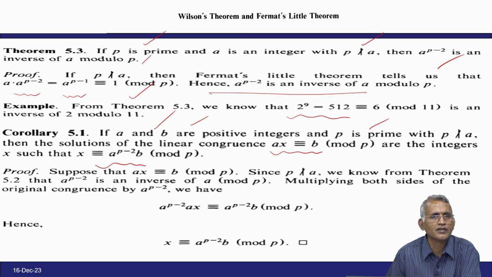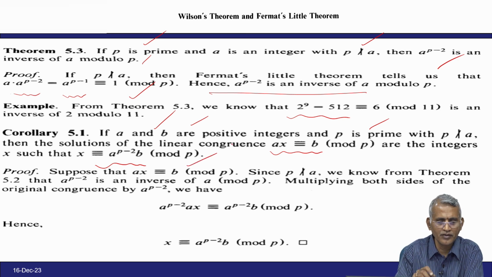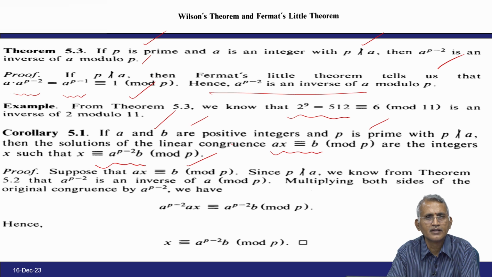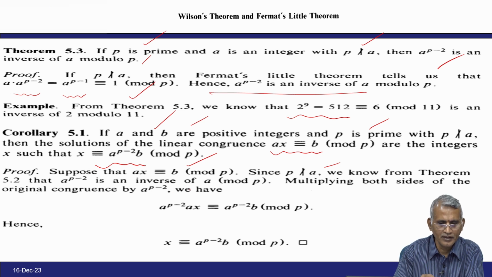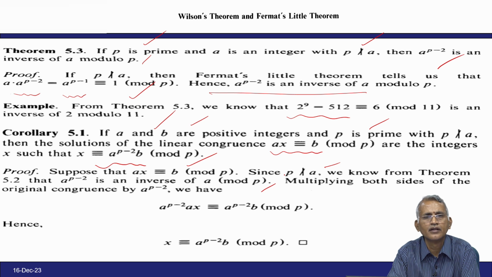The proof is: assume ax is identically equal to b under modulo p. Since p does not divide a, we know from Fermat's Little theorem that a power p minus 2 is an inverse of a under modulo p.